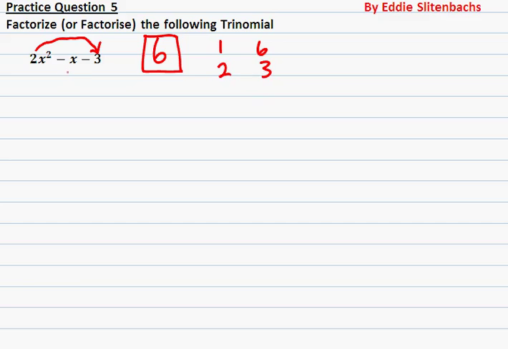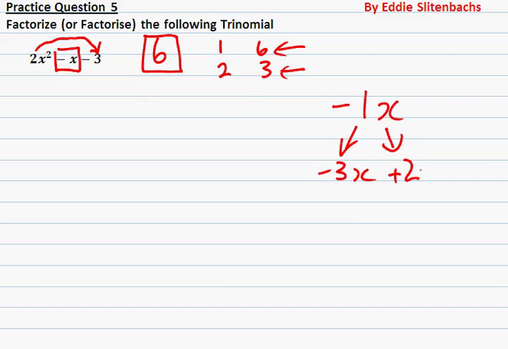Now I'm going to look at the term in the middle, which is actually -1x. I've got to get -1 out of one of these pairs of factors. I can't get it from 1 and 6, but I can get a difference of 1 between 3 and 2 if I've got -3x and +2x.